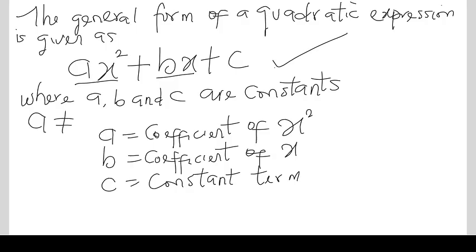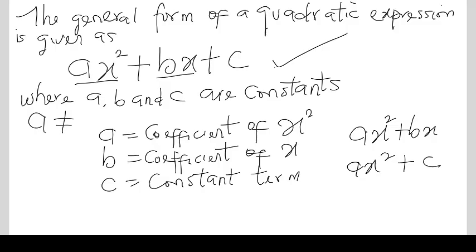Of course, we can have other ones which are binomial, but the general form is given as ax squared plus bx then plus c. Of course, we can have ax squared plus bx without having a constant. And as well, we can have ax squared plus c without having your bx. So these are all quadratic expressions.